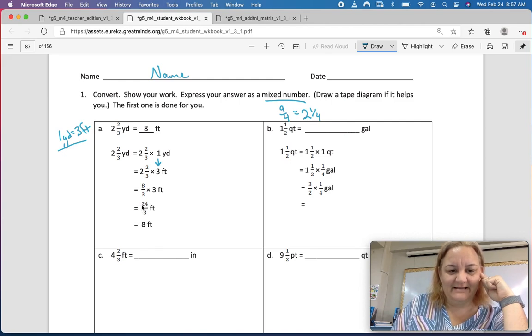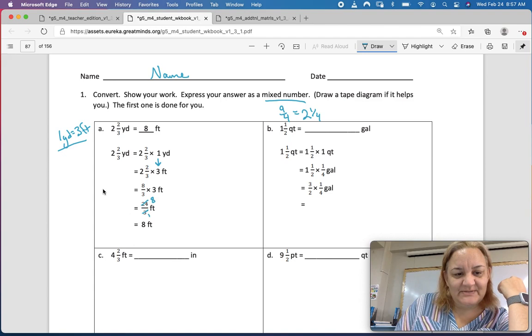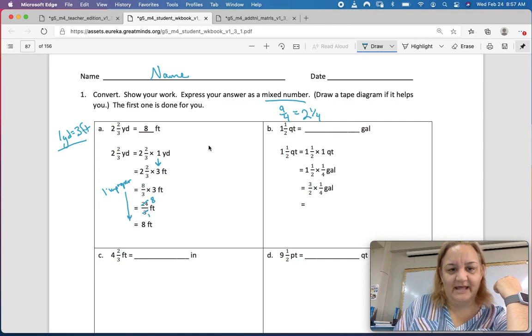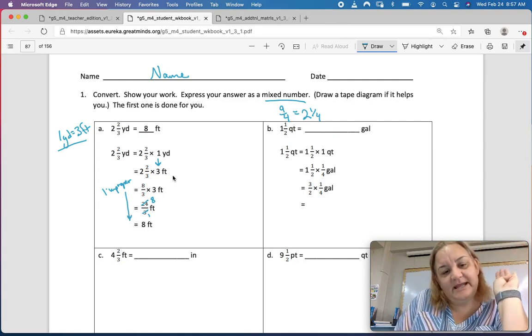If we divide 24 by 3, we get 8, and 3 by 3, we get 1. 8 over 1 equals 8 feet. Okay, that's when we use an improper fraction, okay? And then later we had to convert it to a mixed number, but our mixed number turned out to just be a whole. So here is the second way that I like to do it.